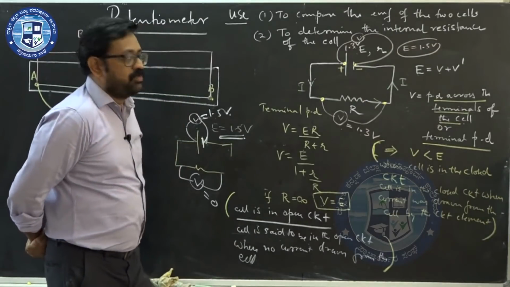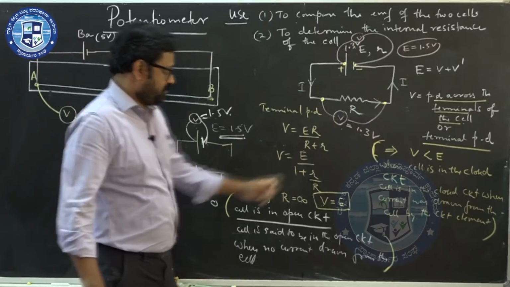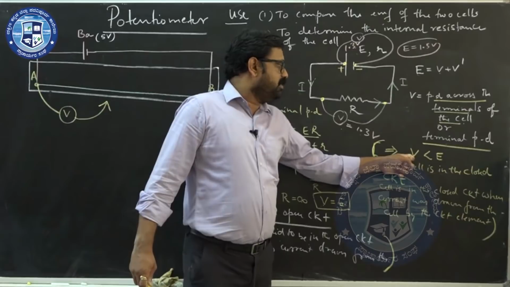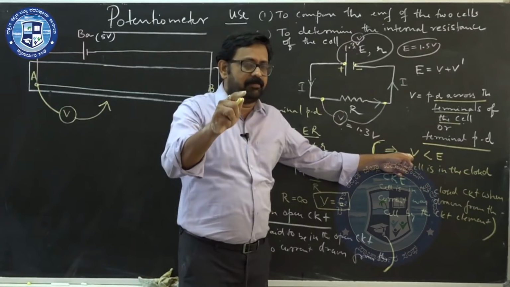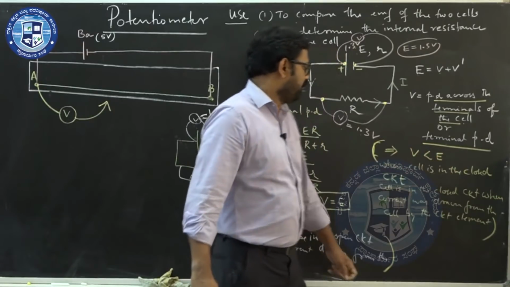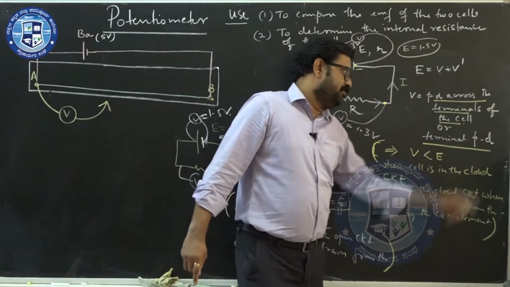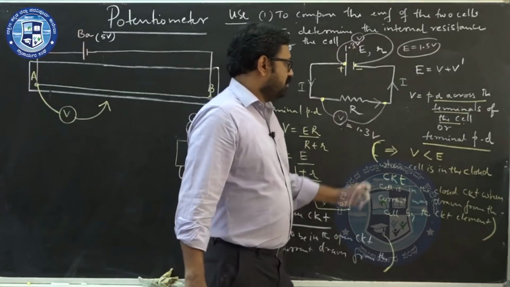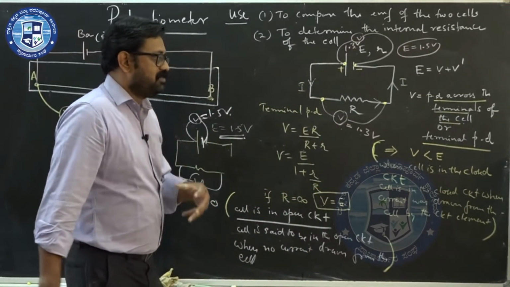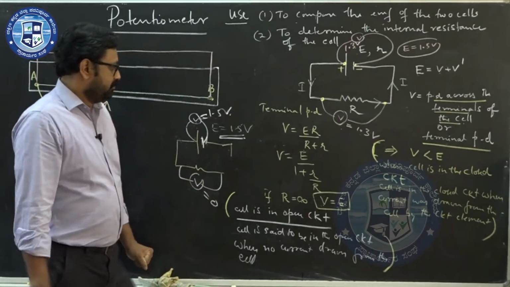So ultimately what you need to remember is this. Terminal potential difference, please keep in mind, is always less than the EMF of a cell when the cell is in the closed circuit, and a cell is said to be in the closed circuit when current is drawn from the cell by the circuit elements.